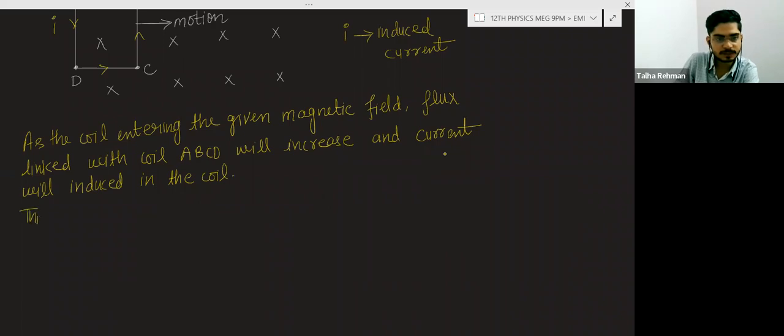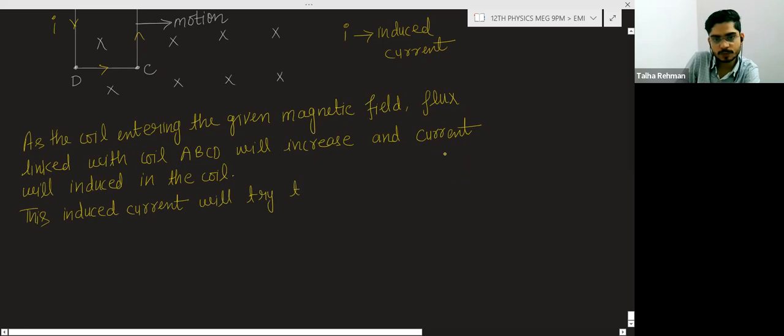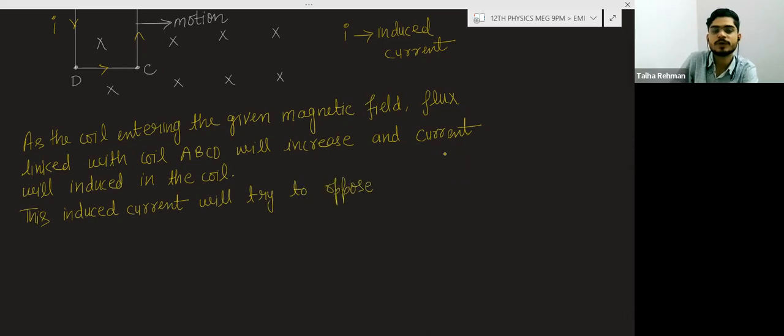So this induced current will try to oppose, or you can write that the induced current will be like that, it opposes the change in the flux.